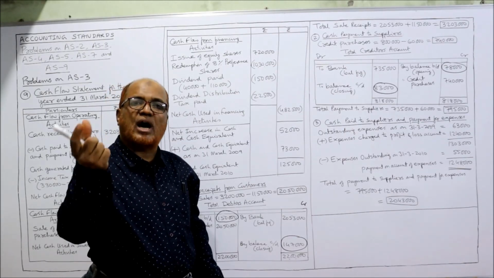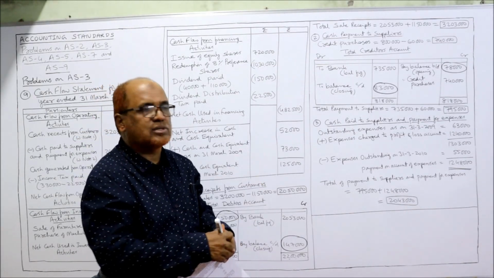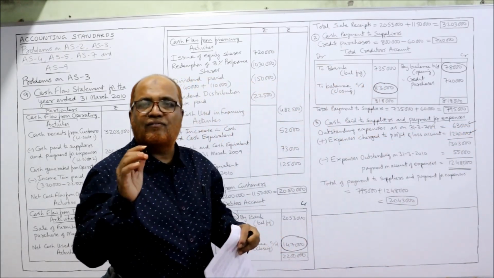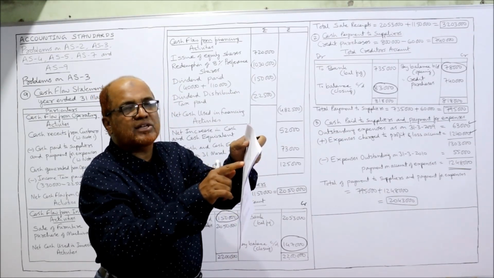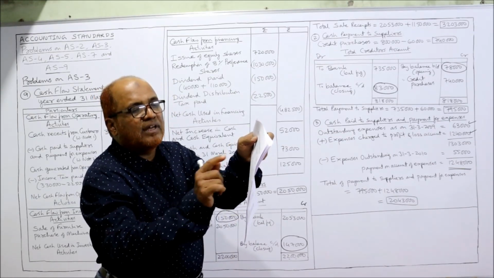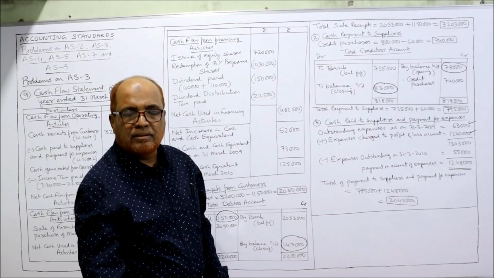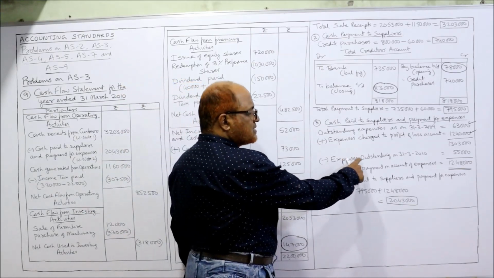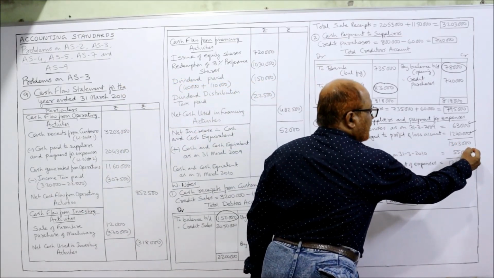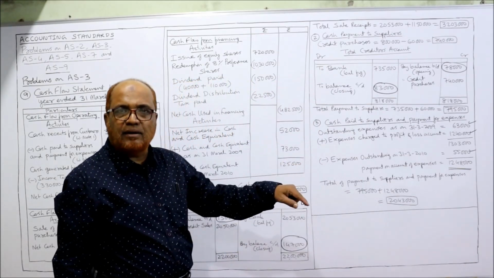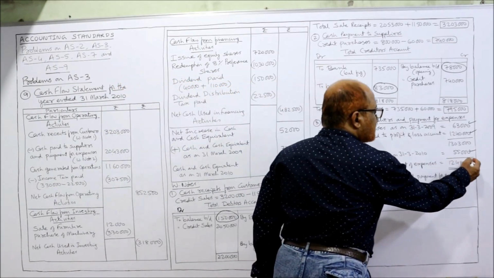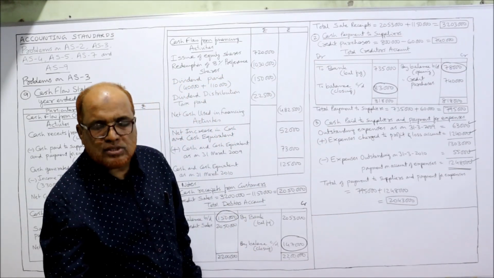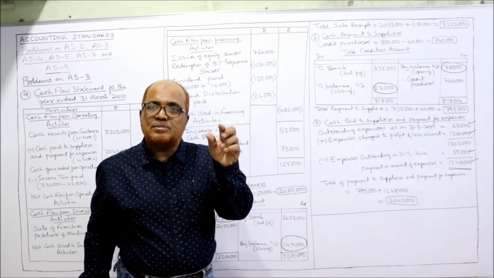So 63,000 plus 12,40,000, 13,03,000. From this, subtract unpaid expenses at the end of the year. At the end of the year, 55,000 rupees are there. These are the closing outstanding expenses. Deduct. So expenses outstanding on 31st March 2010, 55,000. After deducting, we will get the payment on account of expenses, 12,48,000. So 12,48,000 is the cash expenses paid.